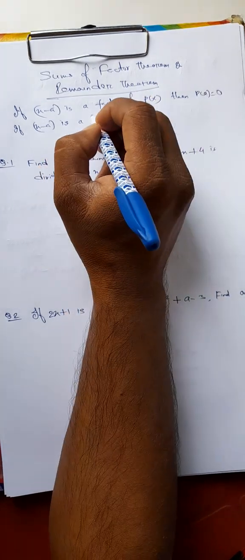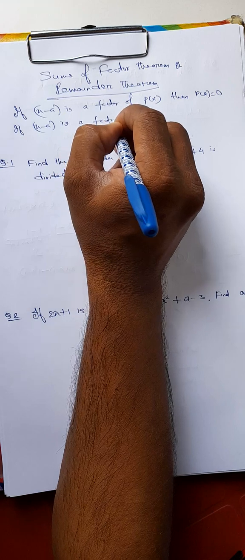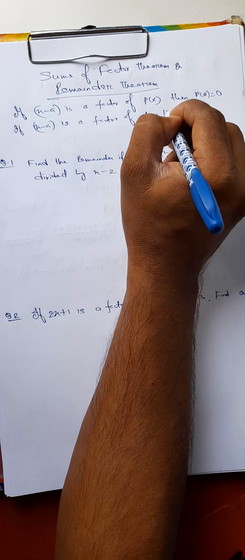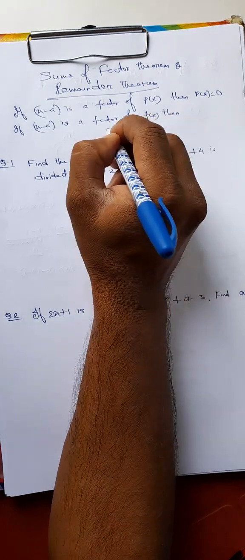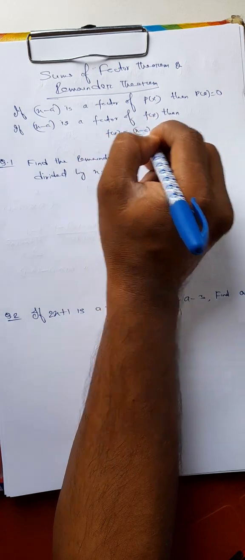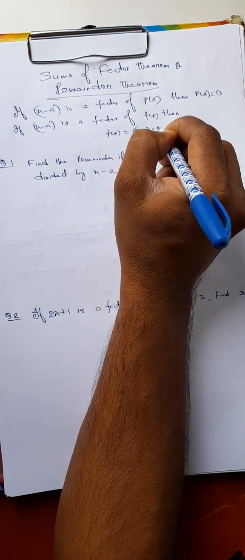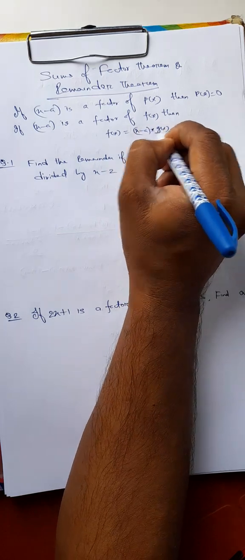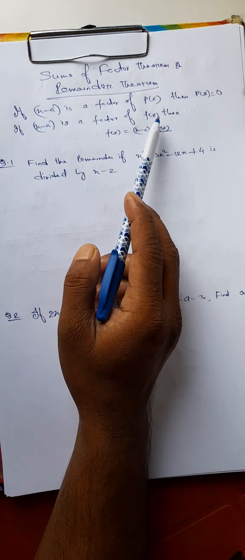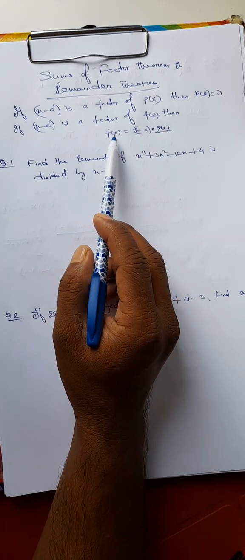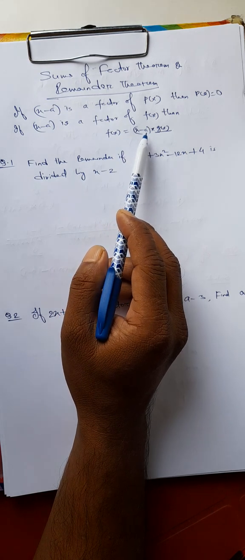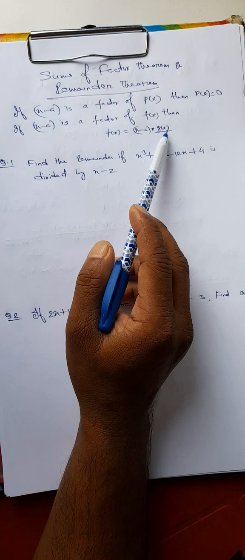And if x minus a is a factor of polynomial f(x), then f(x) equals (x minus a) into g(x), where g(x) is another polynomial. That means f(x) can be written as a product of two polynomials, x minus a and g(x).